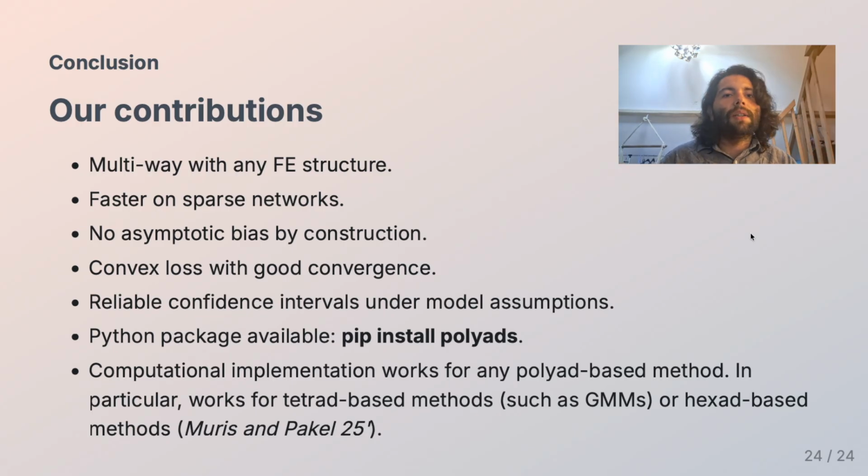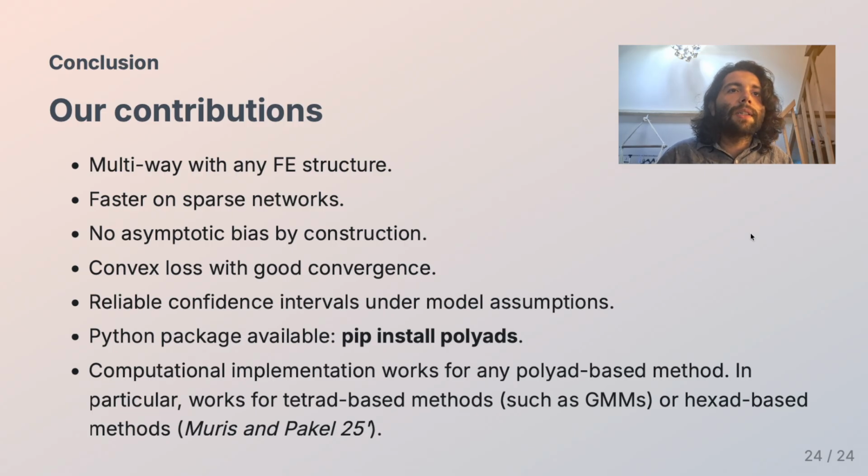In the zero-inflated case, it's also reliable. I also have a Python package implementing this method, which can be installed through pip install polyads, and the computational implementation provided by our method works for any polyad-based method.